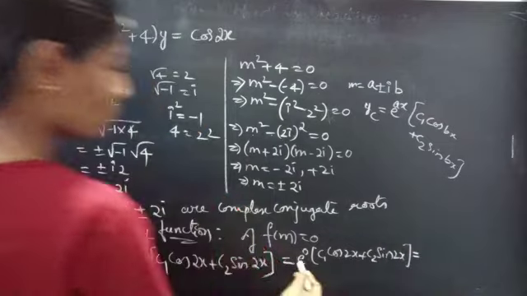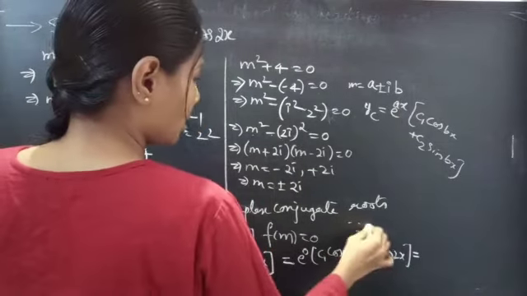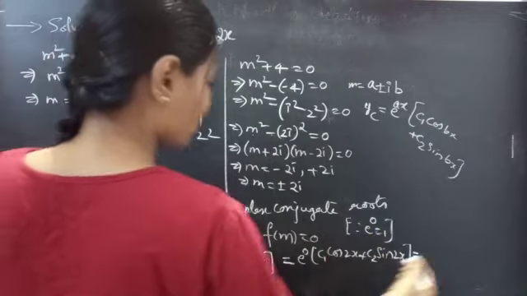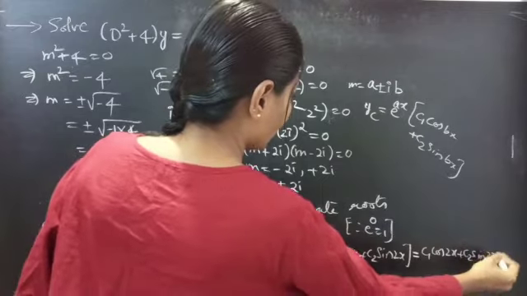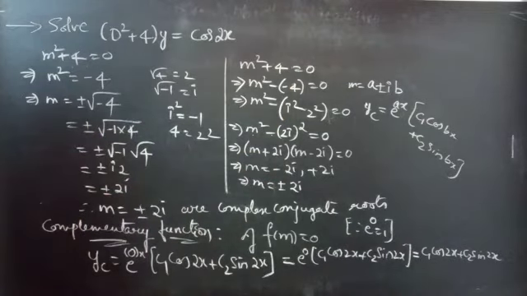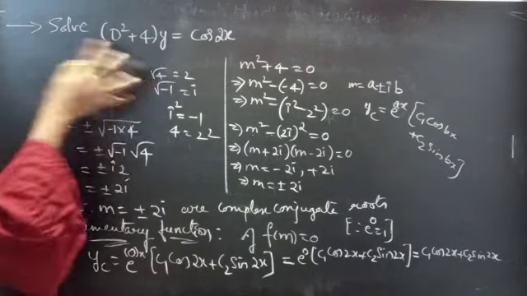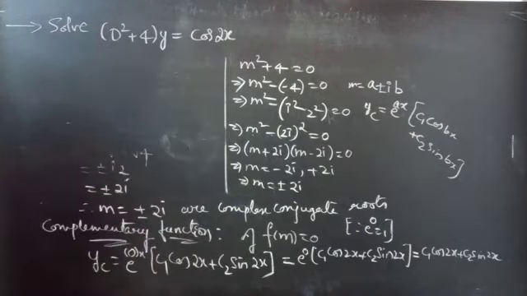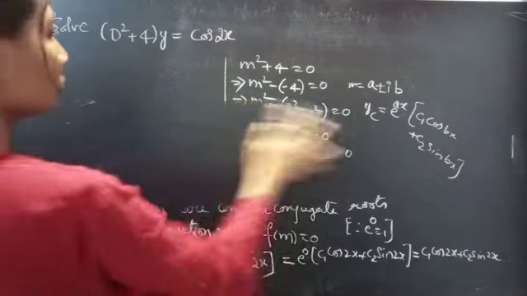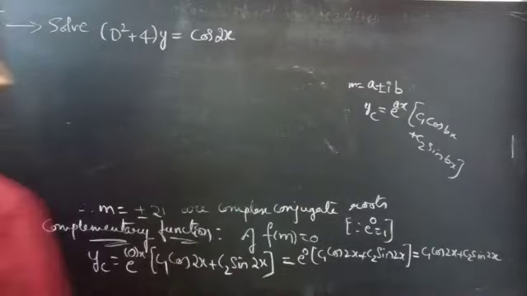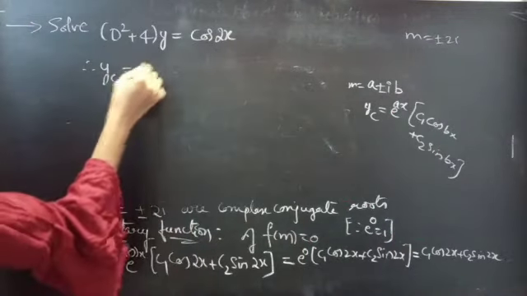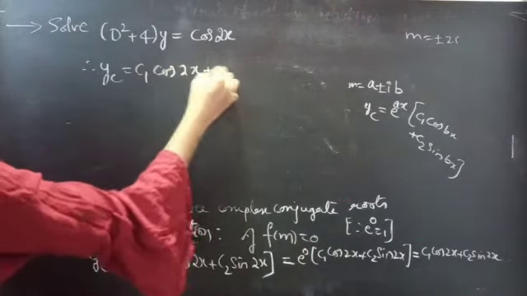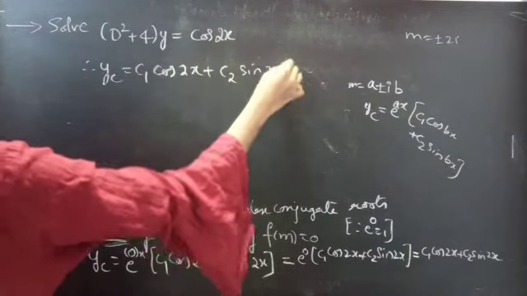Since e power 0 equals 1, we get y equals c1 cos 2x plus c2 sin 2x.